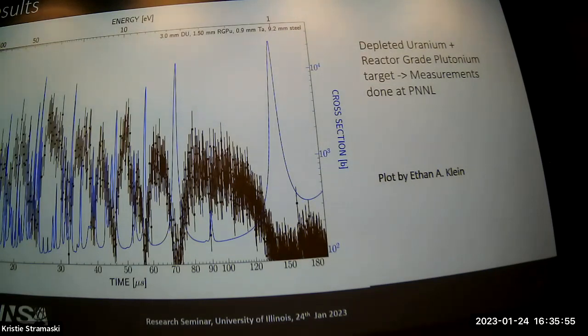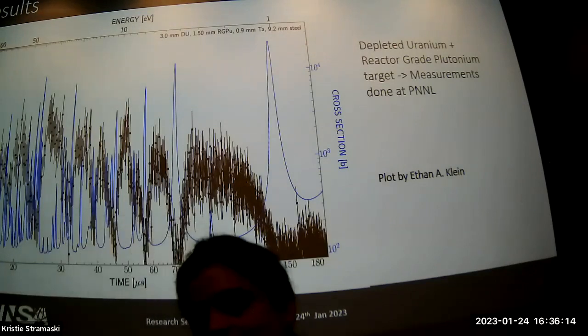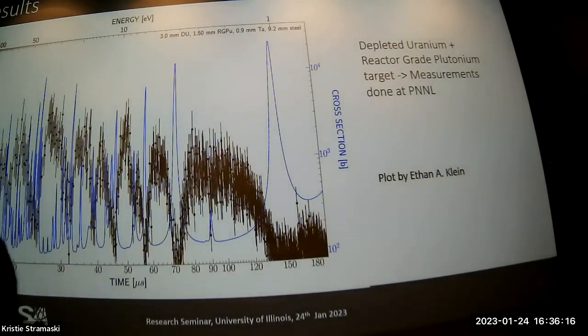How to avoid it? This is a particular example of what you're saying. We have a mixture of isotopes here, or several targets. It's not a pure target, right? Some of the targets will not have resonances in this energy, but they will still have some kind of absorption or attenuation just because of scattering.